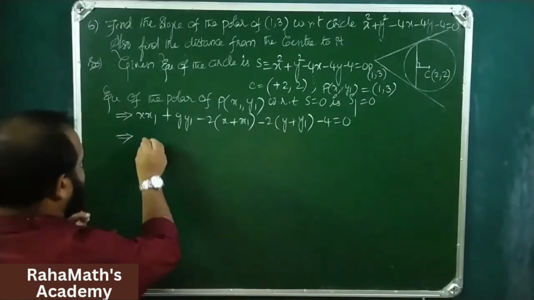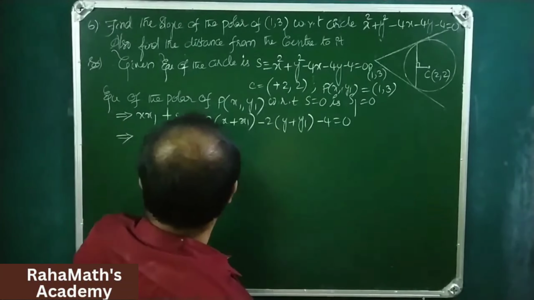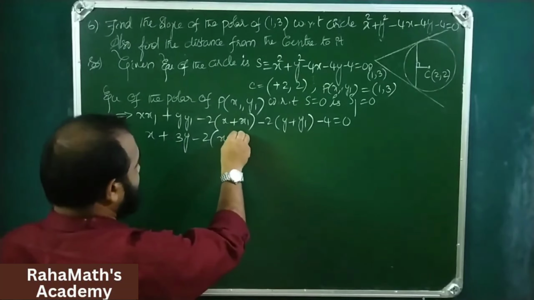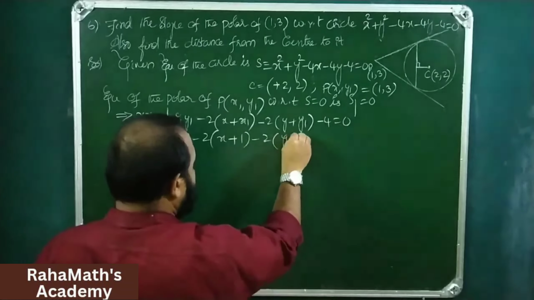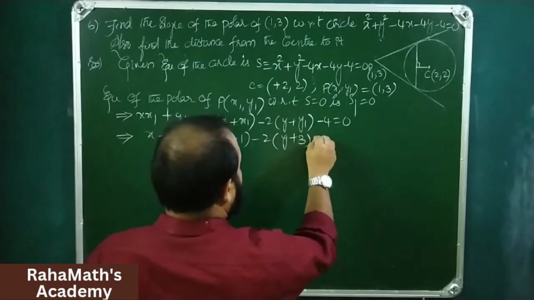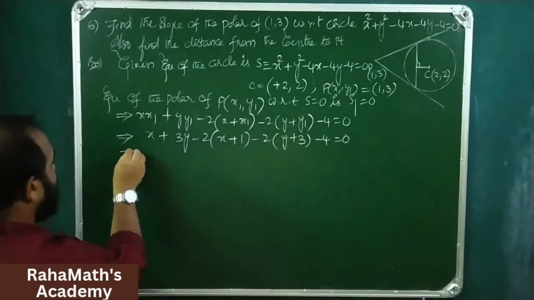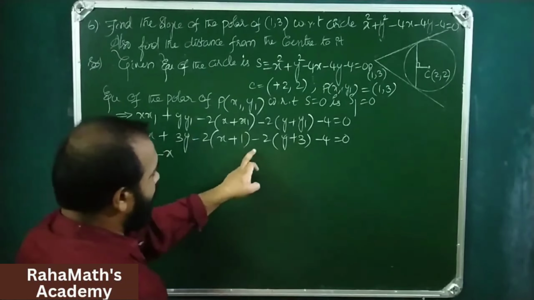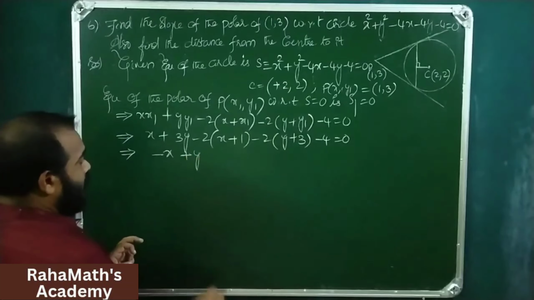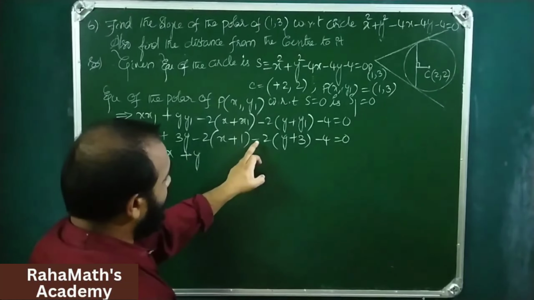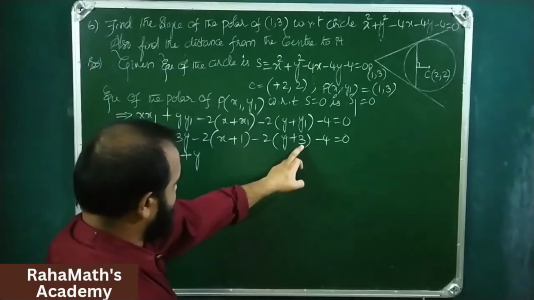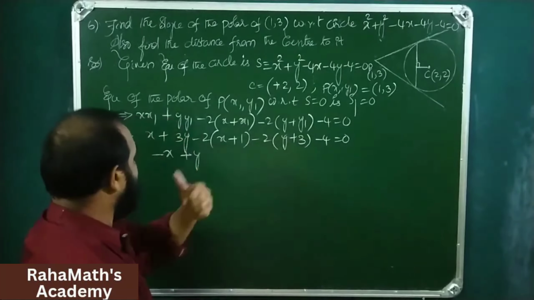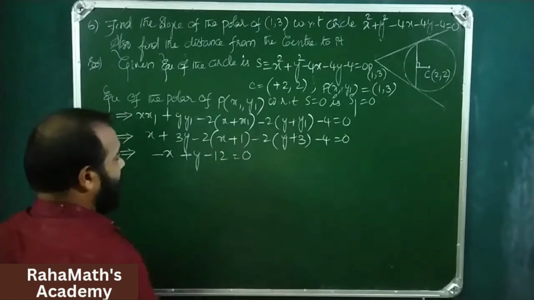So 1 into x plus 3y, minus 2 into (x plus 1), minus 2 into (y plus 3), minus 4 equals 0. x minus 2x is minus x, 3y minus 2y is plus y, minus 2 minus 6 minus 4, that is minus 12, equals 0.